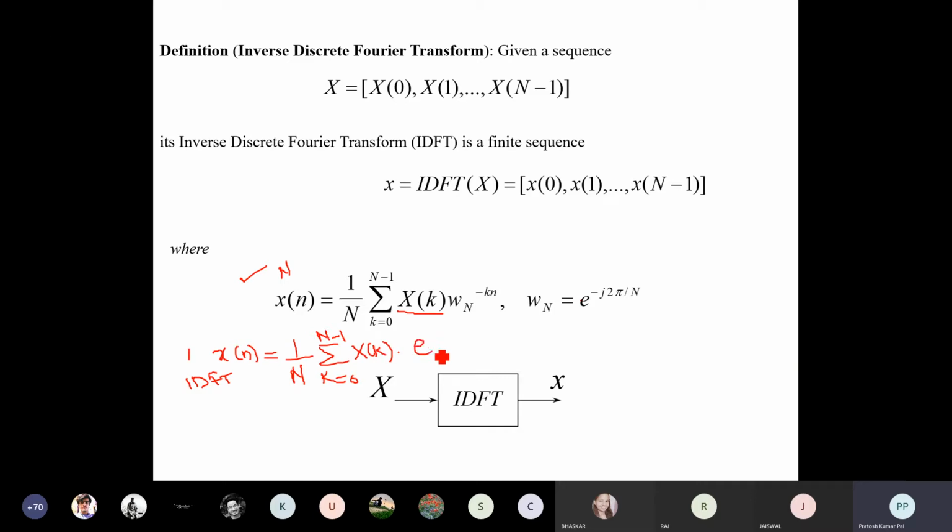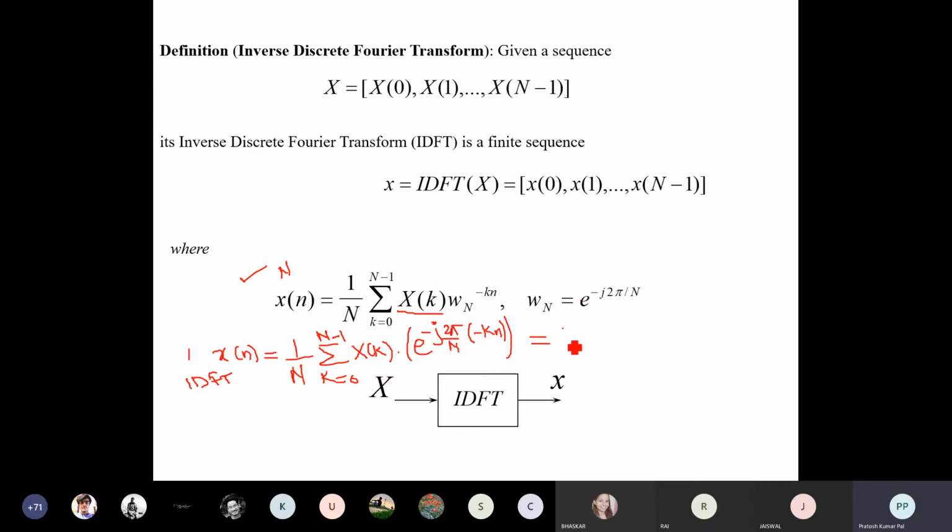So twiddle factor is e to the power minus j 2 pi by N. So this was the twiddle factor to the power minus k, so it will be minus kn.